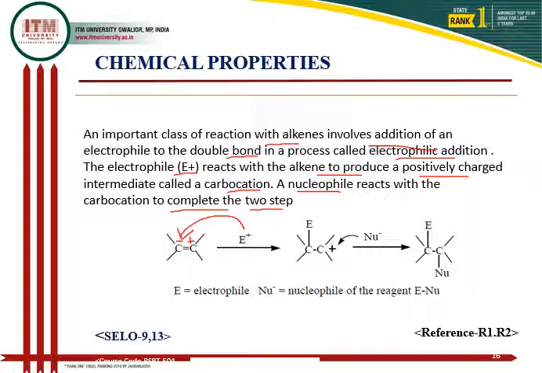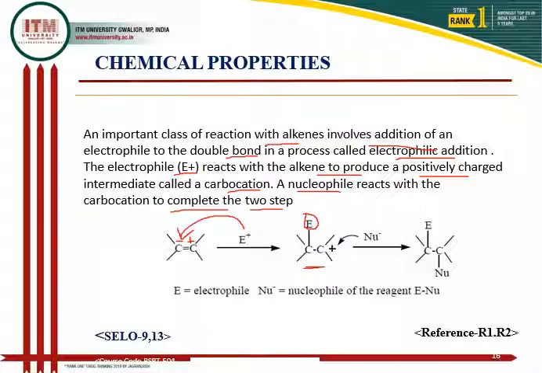So here an intermediate comes. This is the intermediate, and the positive charge occurs on the other carbon atom, an intermediate called a carbocation.